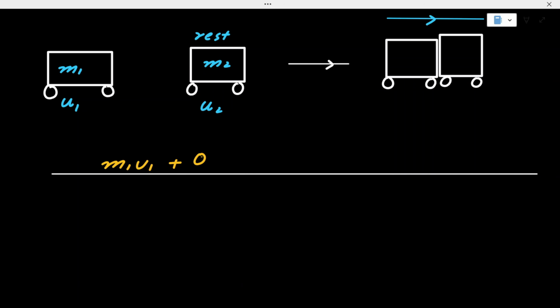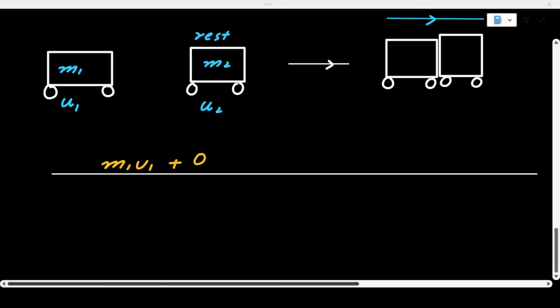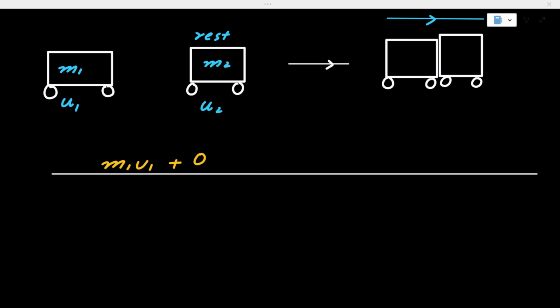Plus 0, make sense or no? Because the momentum of the second object is 0, it is not even moving. Something which is not moving has no momentum, so we can simply ignore this.